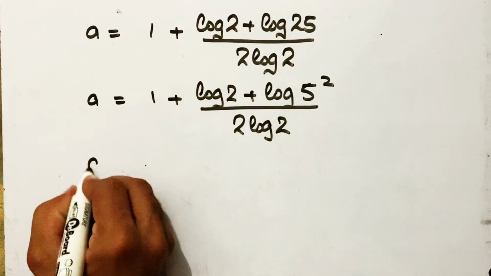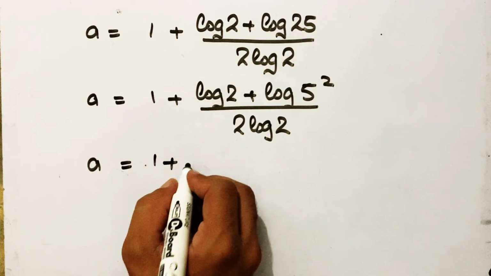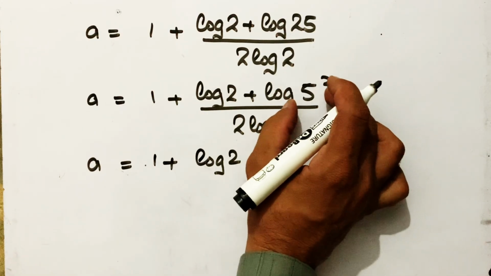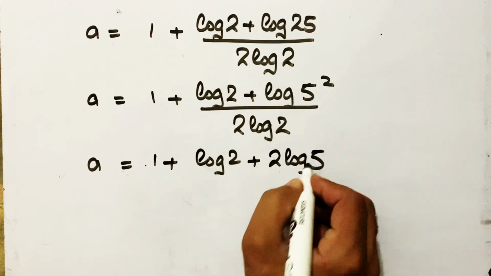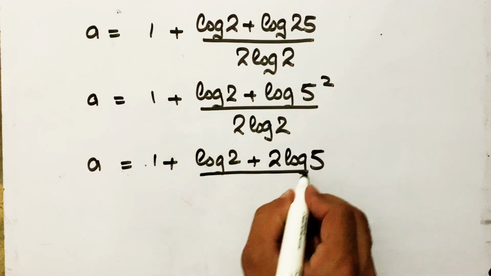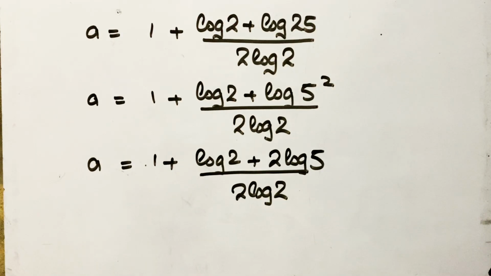This is again the power rule, so this is 2 firstly and this is 5, divided by 2 log of 2.